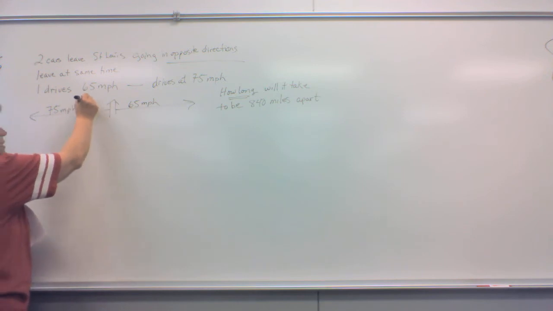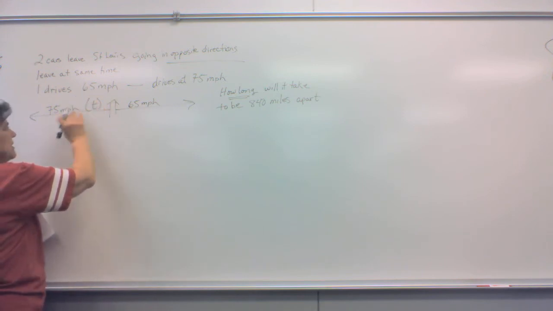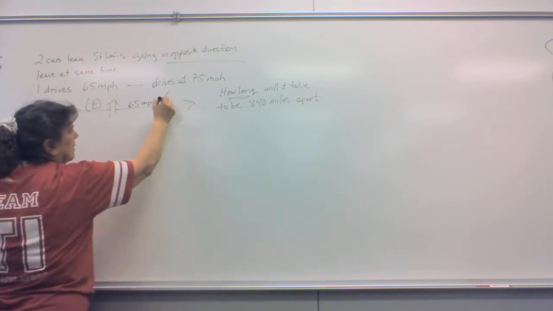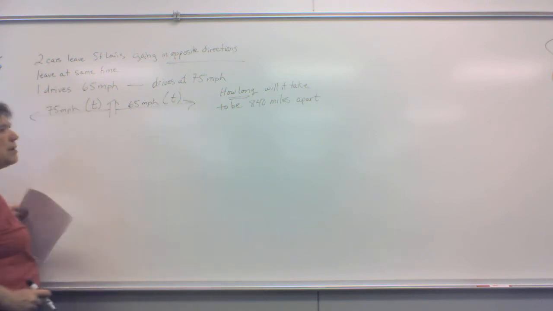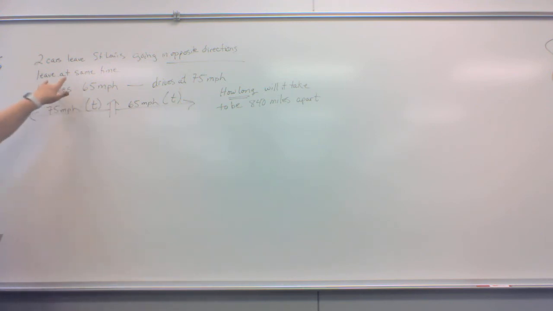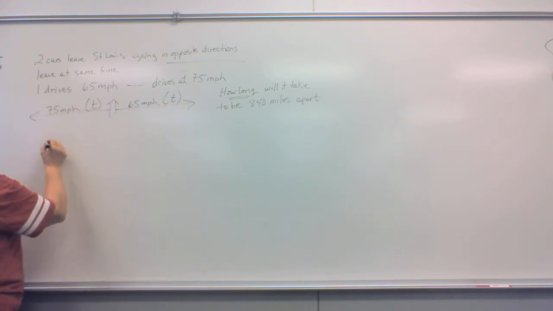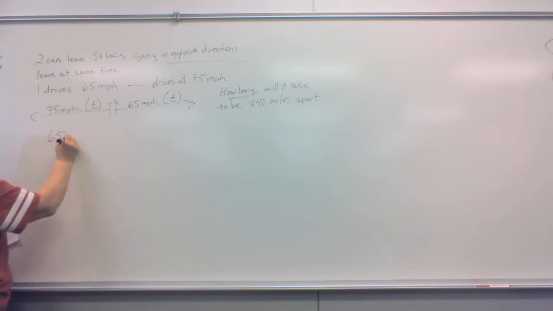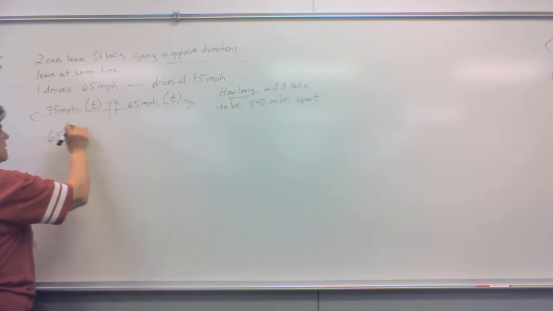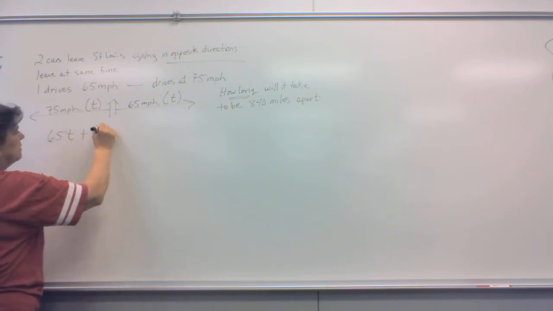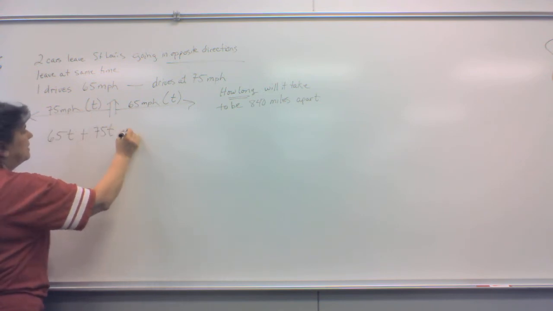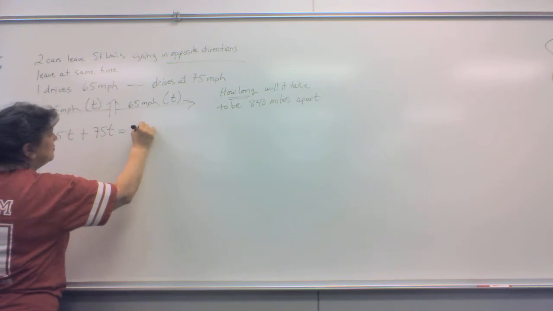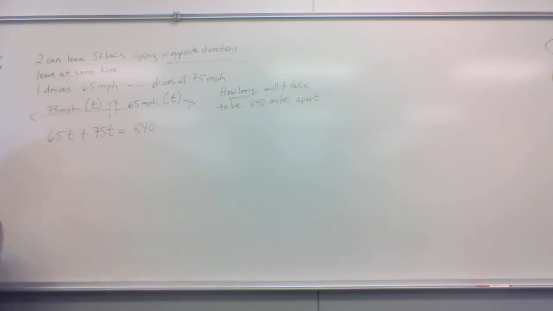So what we want to know is our time. Remember, your distance is rate times time, and their time will be the same because they left at the same time. So my distance for my first person is 65t, which makes up their distance, plus 75t makes up this one, and that's equal to 840 miles apart.